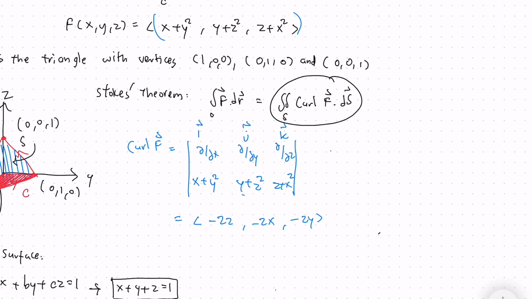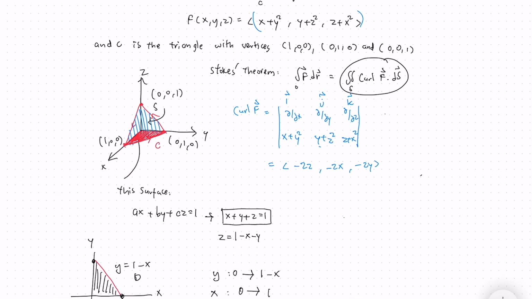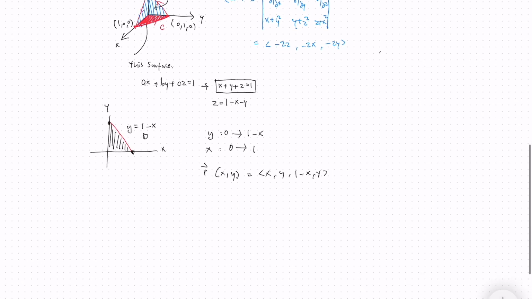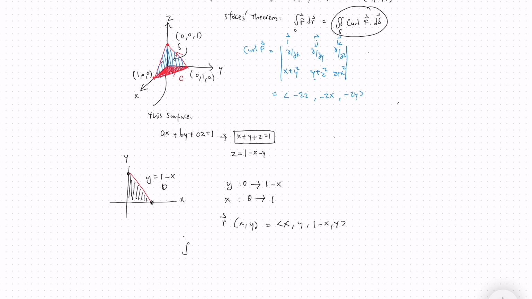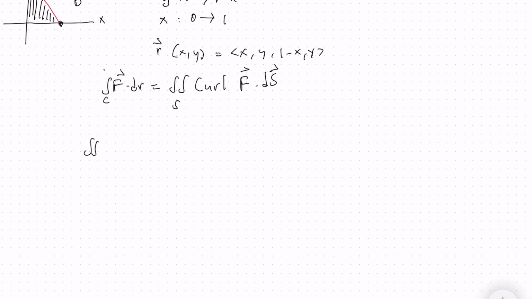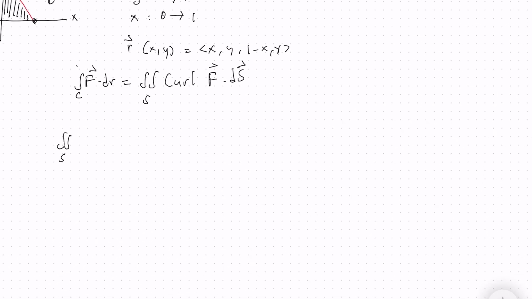We want to compute a surface integral, and remember that the surface integral of a vector field is given by the double integral over S of the curl of F dotted with dS.